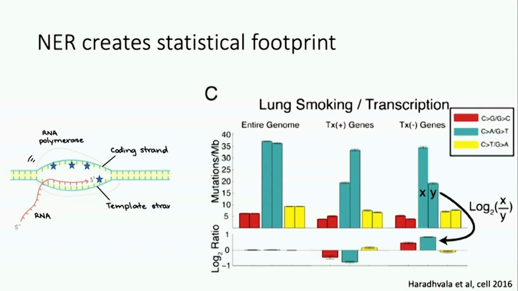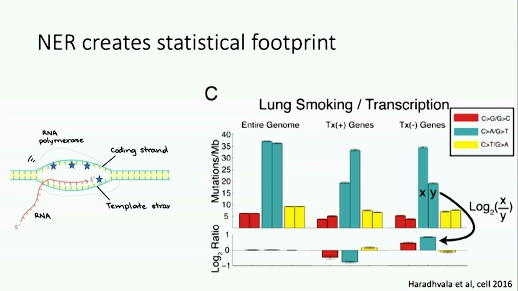And why am I talking about this biochemistry? Because the knowledge about it can be used to start with real data and project it to biochemistry. Transcription-coupled nucleotide excision repair is very effective on the transcribed strand of the gene and not effective on the non-transcribed strand.